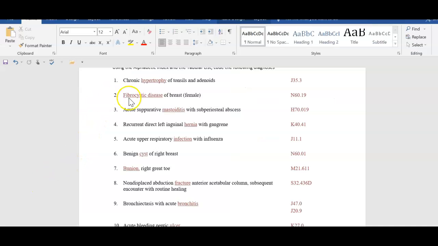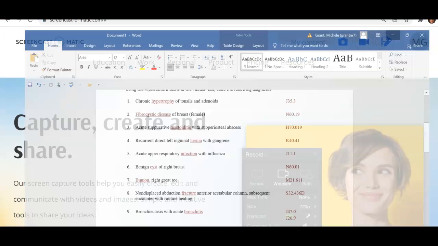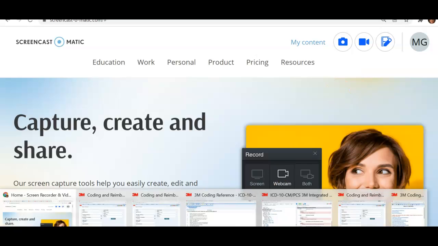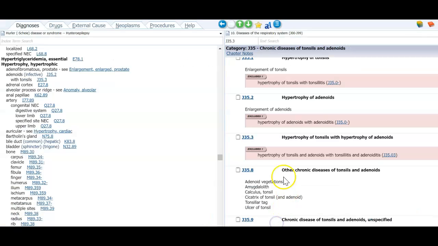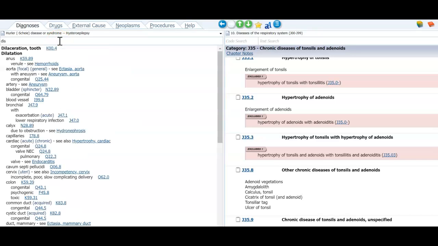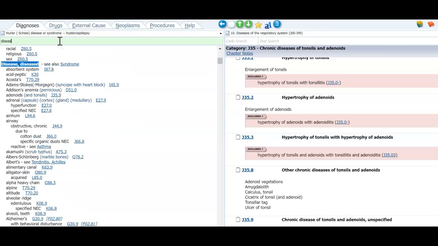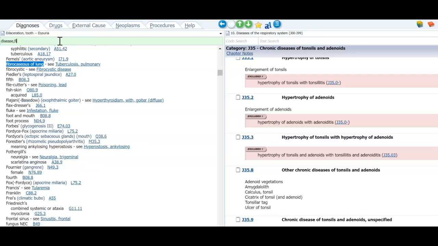Okay, so for number 2, we have fibrocystic disease of the breast, female. Okay, so let's go to our code book. And if I go to disease and then look down, system's a little bit slow here.